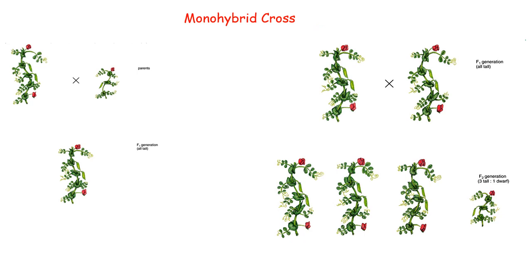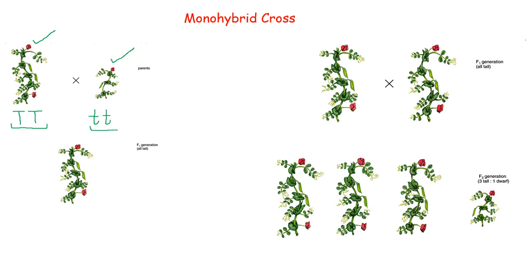Now we have two plants. We have a tall pea plant and we have a dwarf pea plant. Both of these plants are homozygous for the trait height. The tall plant has the genotype capital T, capital T, and the dwarf plant has the genotype small t and small t.